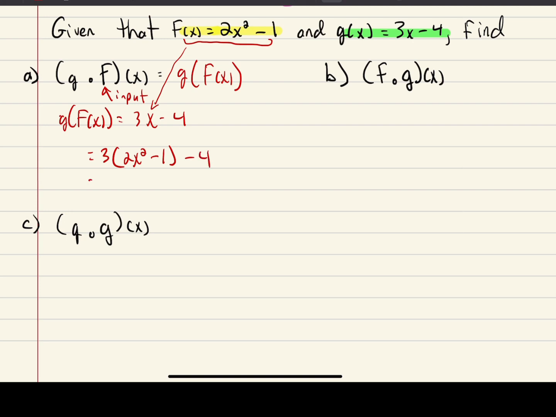And then I'm going to apply the coefficient to everything inside the bracket and simplify. I end up getting 6x squared minus 3 minus 4, which reduces to 6x squared minus 7. And this is the expression for g at f at x.